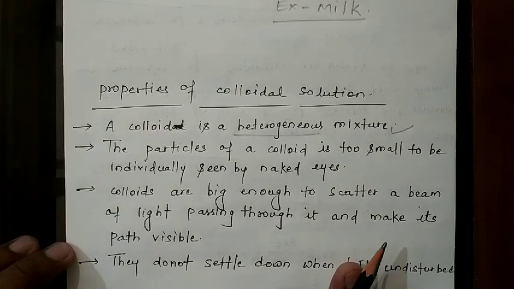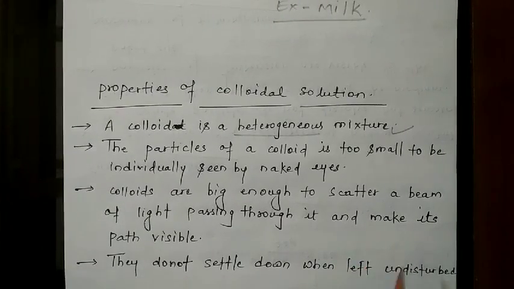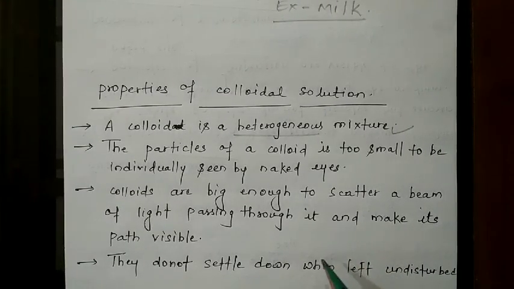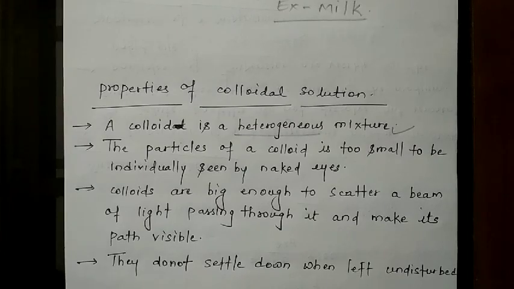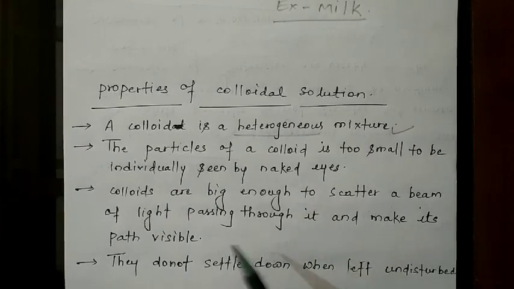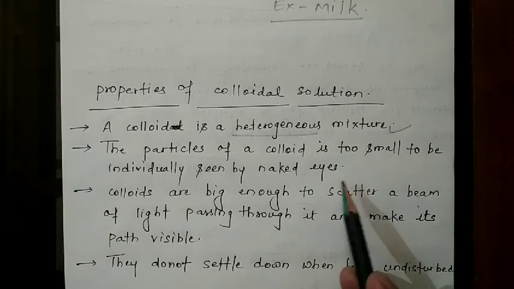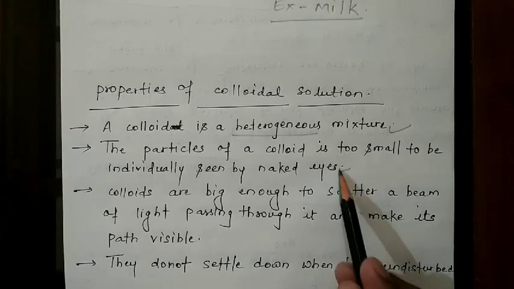Particles of a colloid are too small to be individually seen by the naked eye. It means their particle size is very small.